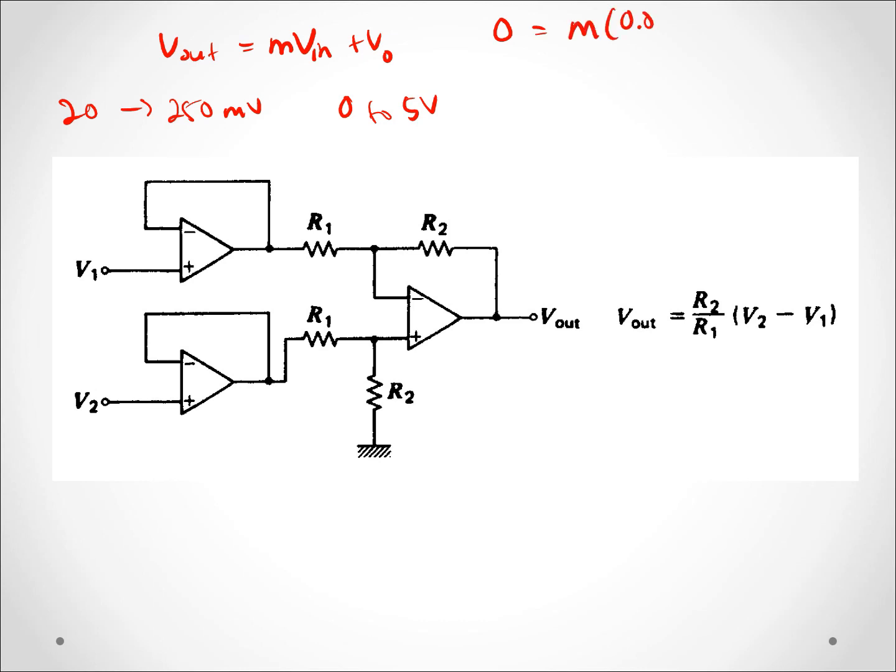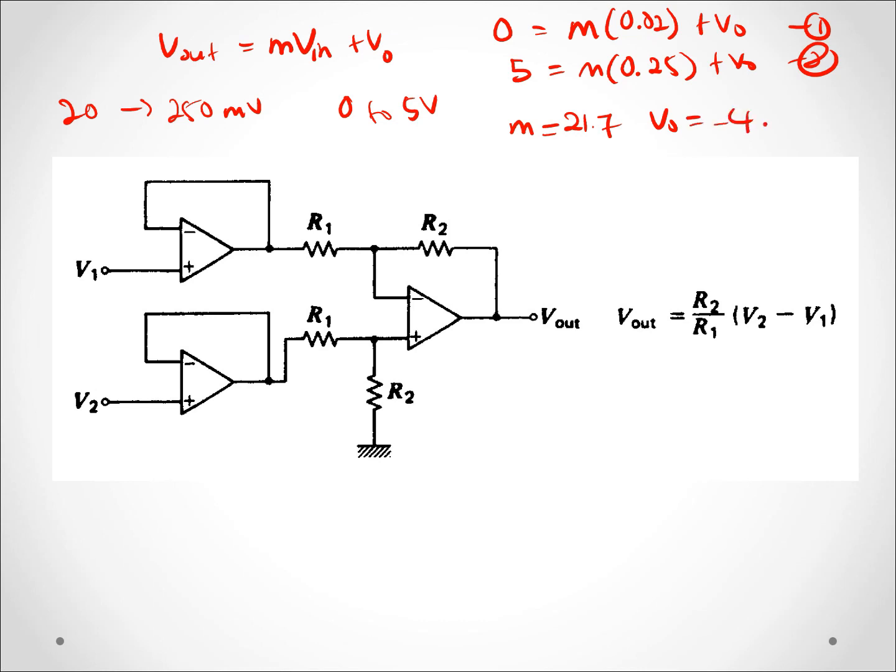So we have two equations with two unknowns, and if you solve this, you will get M is equal to 21.7 and V naught will be equal to negative 0.434. So the complete equation will be V out equal to 21.7 V in minus 0.434.